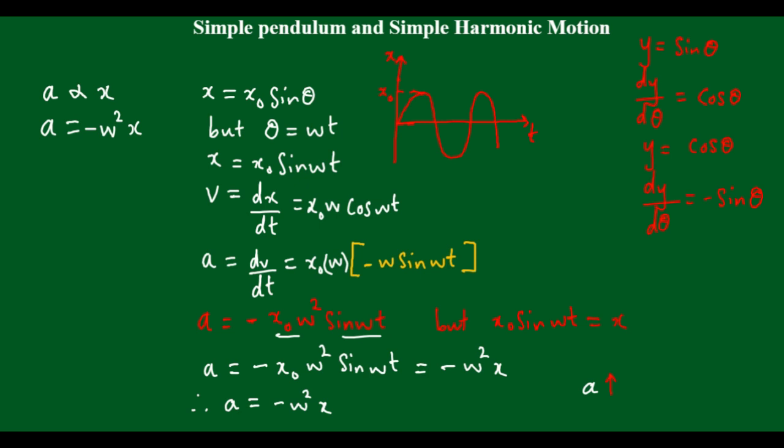As the displacement increases, acceleration also increases, and as the displacement decreases, acceleration also decreases, which implies that these two are directly proportional to each other. And W squared, that's a constant. The negative sign indicates that the acceleration and the displacement are always directed or measured from a fixed point or from the equilibrium position. And W is our angular frequency.